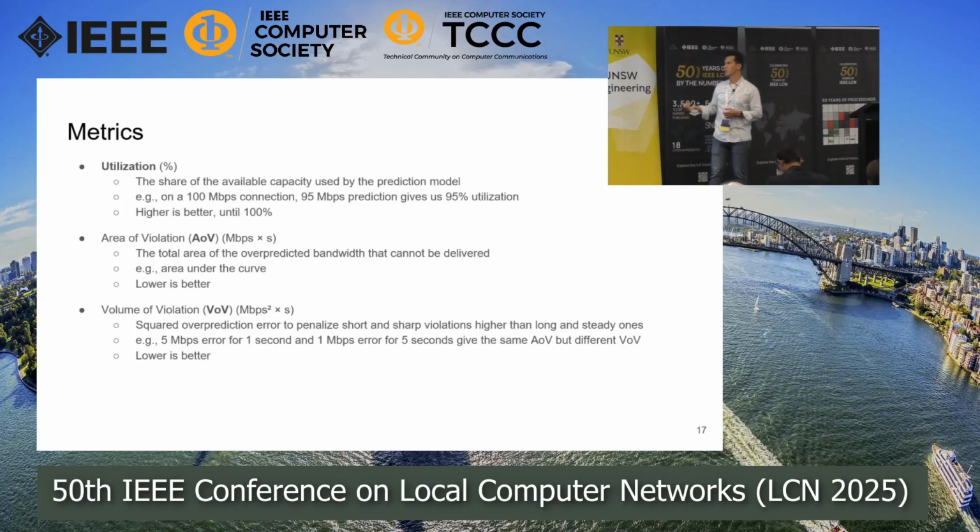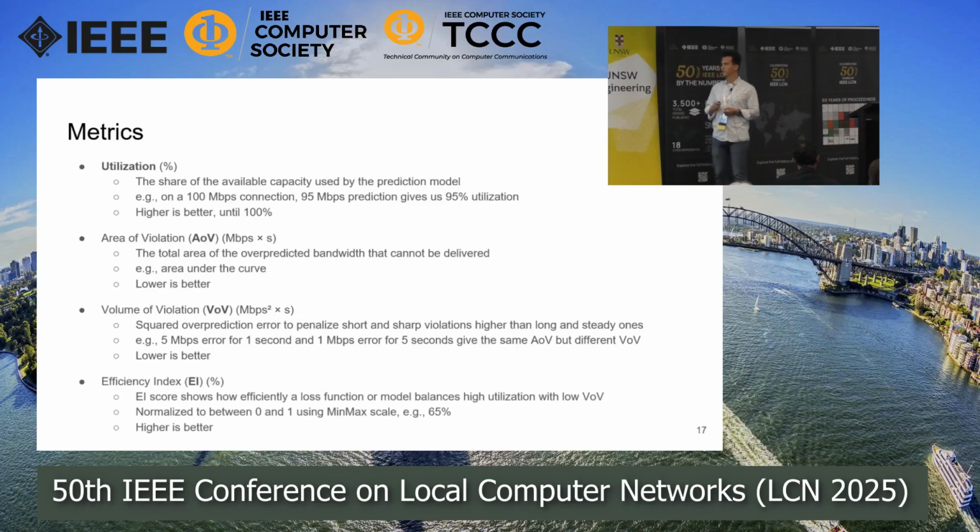So what we came up with is the volume of violation. Instead of area under the curve, this is somewhat of a volume under the curve, so to speak. This way we can actually see if our prediction error is making too many errors, and in this context, lower is better. Then, combining utilization with volume of violation, we came up with the efficiency index. This is a way of looking at how much utilization we have compared to the error that we make.